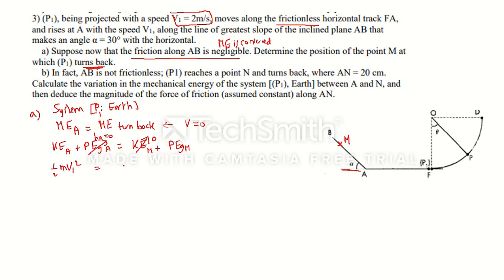So equals m1 g z at the point M. Now at this point, the height is above the reference, and then it's plus.